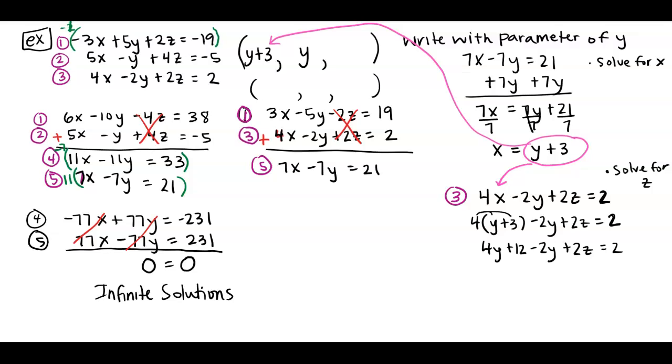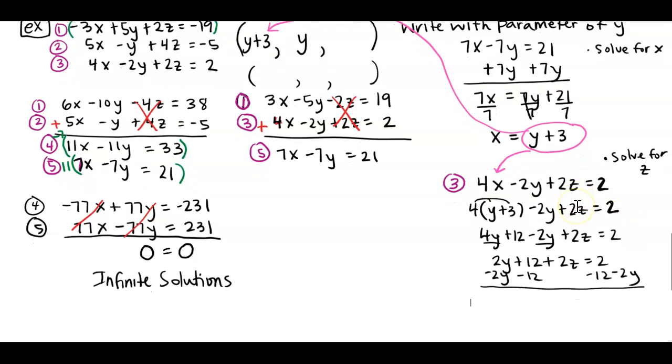Let's combine some like terms together here. So I've got 2y plus 12 plus 2z equals 2. All right, remember I'm trying to solve for z. So now let me subtract my 2y and my 12 over to the other side of the equation so I can get z by itself.